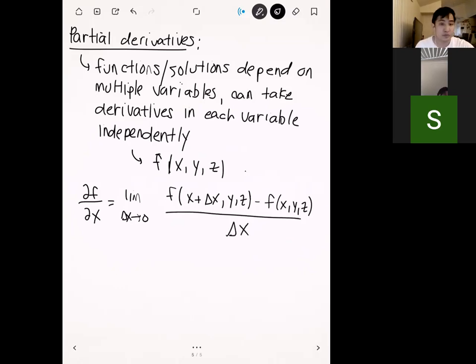That's what it means to have a partial derivative. You basically just vary one of the dimensions and find the change in that direction. By a similar token, you can also have partial f, partial y, and partial f, partial z. So you can take partial derivatives in any direction.